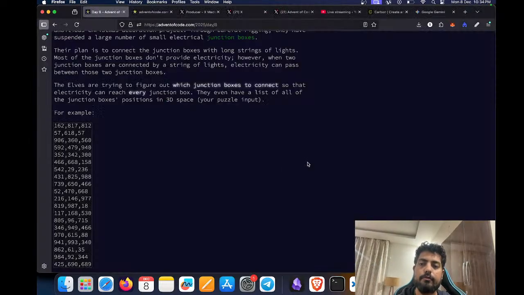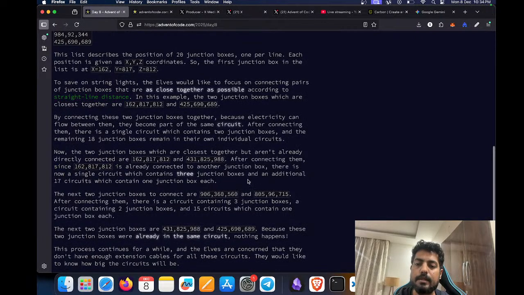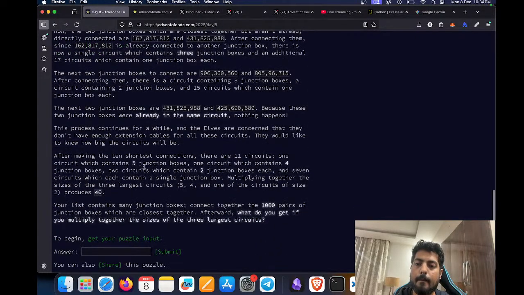And let's say that if two boxes have the same distance, then what? After making 10 shortest connections, there are 11 circuits. Can we have the same distances?